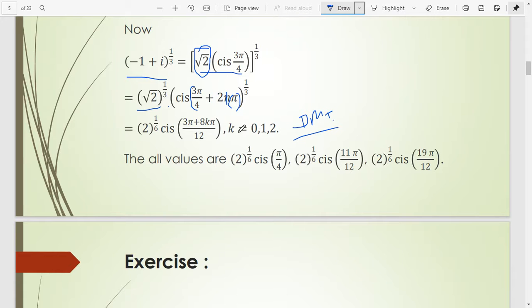For k equal to 0, we get 2 raised to 1 by 6 cis pi by 4. The second value is 2 raised to 1 by 6 cis 11 pi by 12, and the last value is 2 raised to 1 by 6 cis 19 pi by 12.